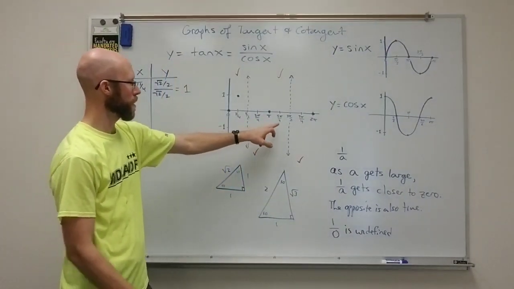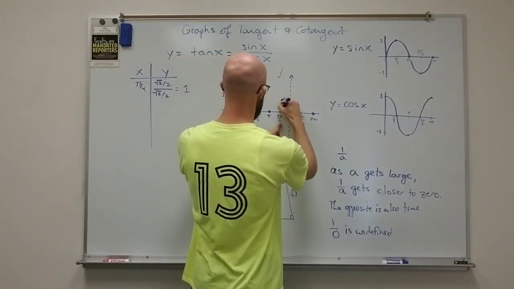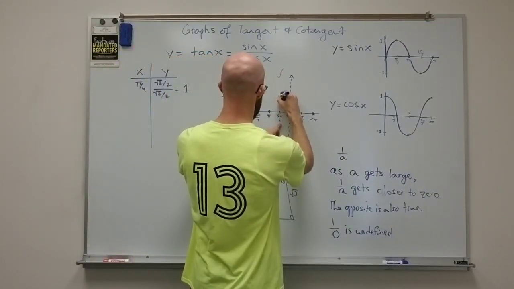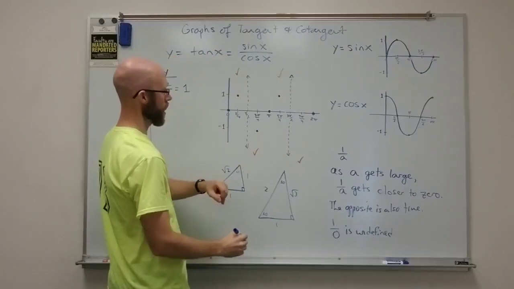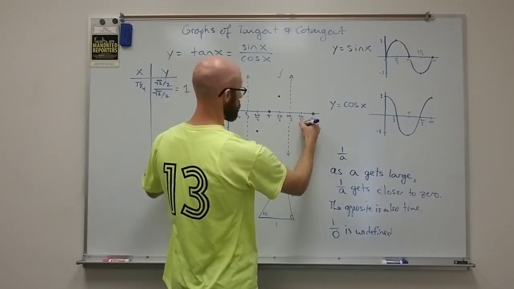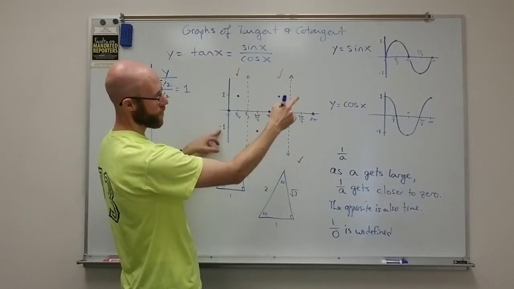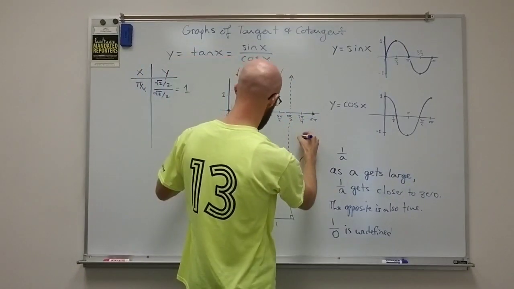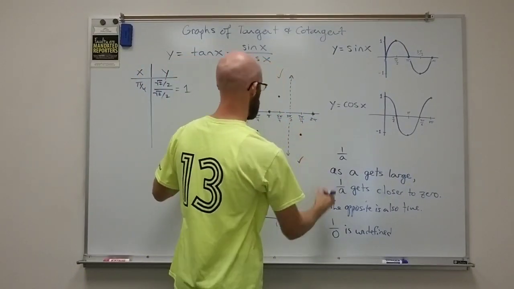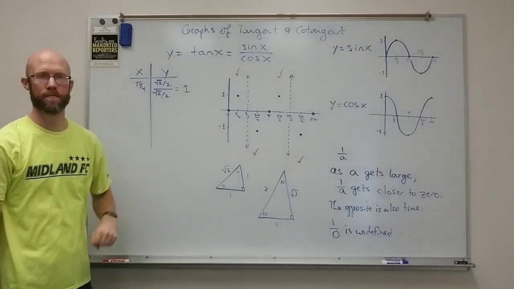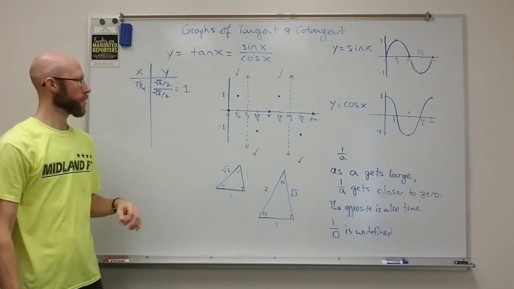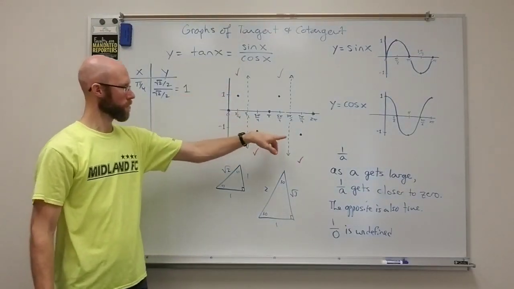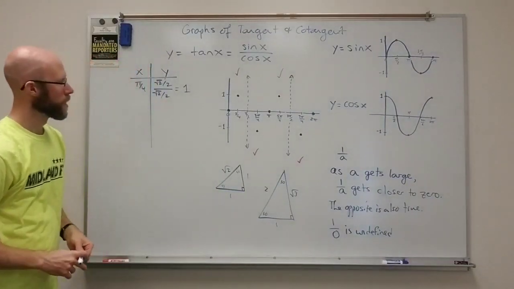And then at 5 pi over 4, they're both going to be negative, which will give you a positive ratio. And then at 7 pi over 4, the sine is negative and the cosine is positive. So again, one negative, one positive puts that point on the bottom, on the negative side. All right, so that gives us 4 more points to work with.